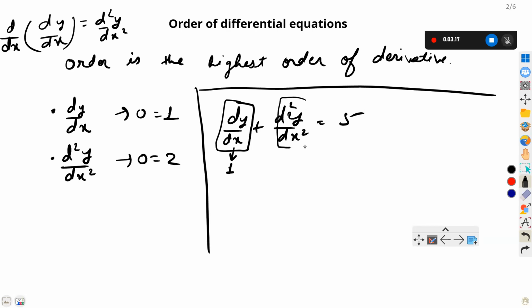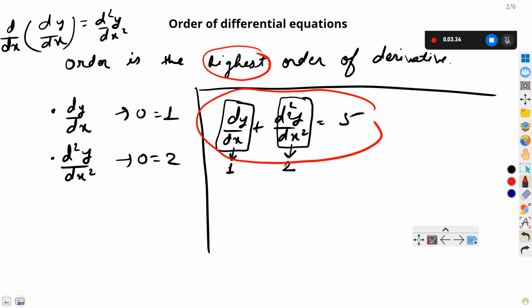And here we have a derivative which is differentiated twice with respect to x, so the order of this derivative is 2. But when you ask what is the order of the differential equation, what is the order of this complete equation? We'll see the highest order. Which one has the highest order? This one. So we'll say the order of the differential equation here is 2.